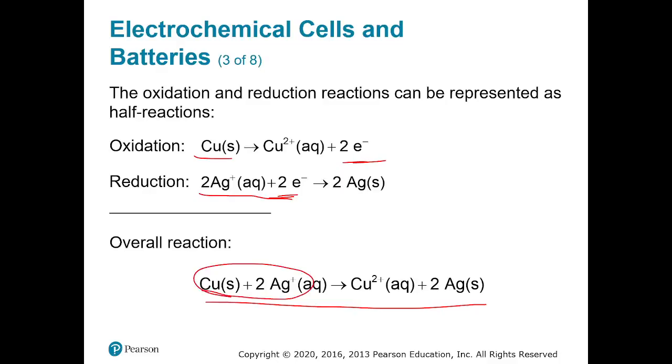Note, however, because the electrons are on the right side over here and the left side here, when we add those two reactions together, we're going to cancel them. And so we'll actually negate the overall transfer of electrons in this overall reaction. Or another way of saying that is we're representing that transfer of electrons with these right here. See how that goes from positive to 0?